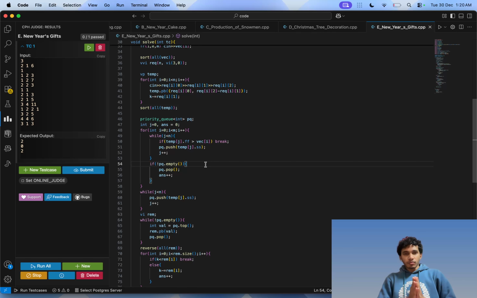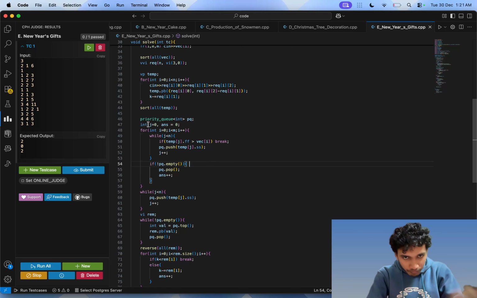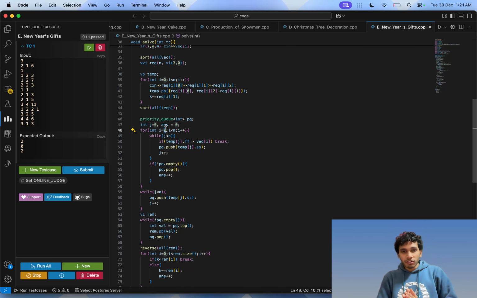At each step of choice of some elements that could be satisfied using current beauty, we want the element with maximum coins to be removed. Maximum coins required to make him happy, that element should be removed in every scenario. So for the first gift, iterate over, because this is in ascending order.